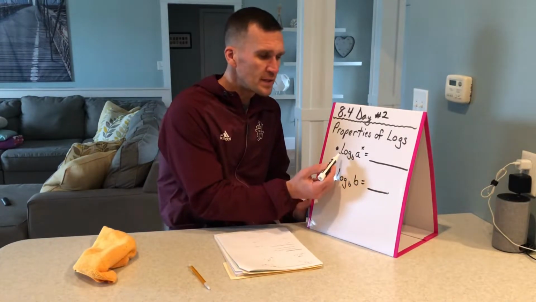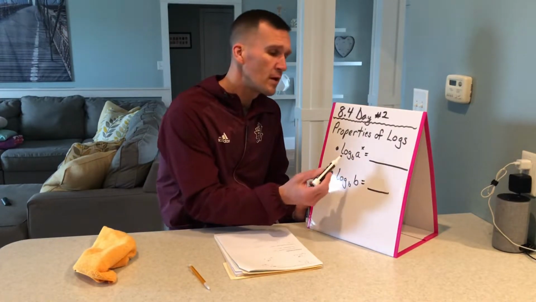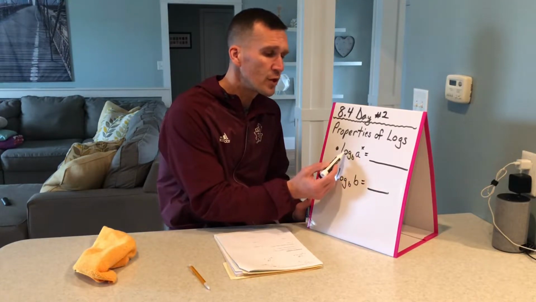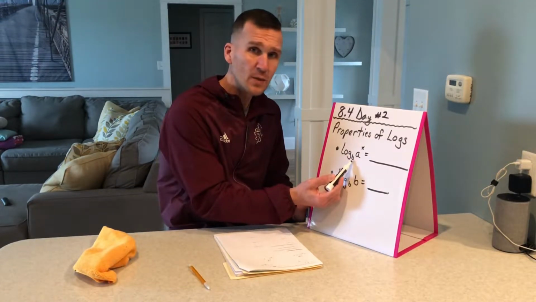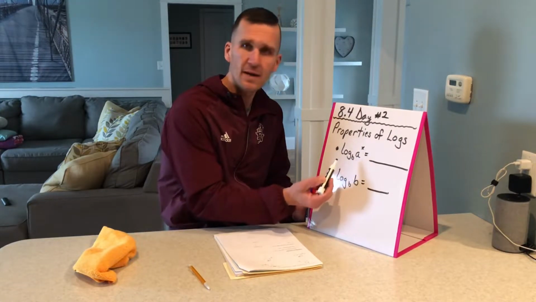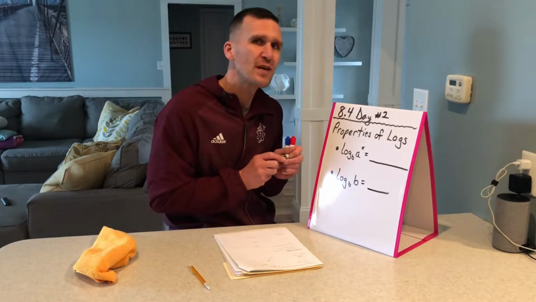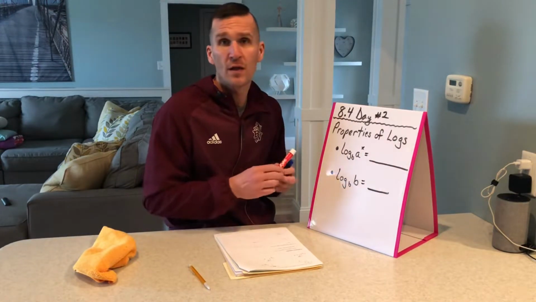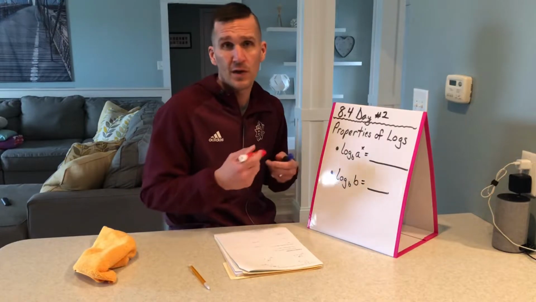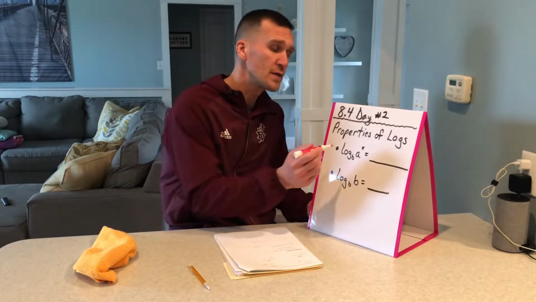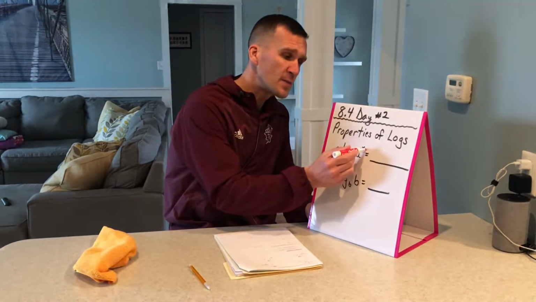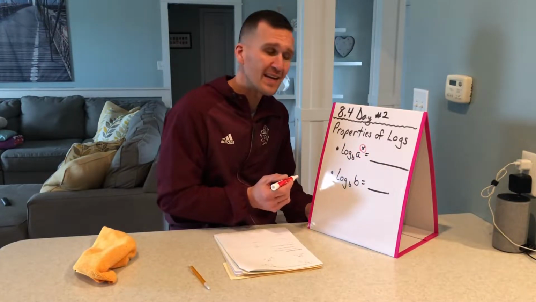The first one is the power property of logarithms. It states that if you have a log, remember we say log base and then we state the base, log base b of a to the x power. Well, if your argument has a power, it doesn't actually have to stay there. This is why logs are really important, and we're going to use them to help solve exponentials later on: the exponent does not have to stay an exponent.